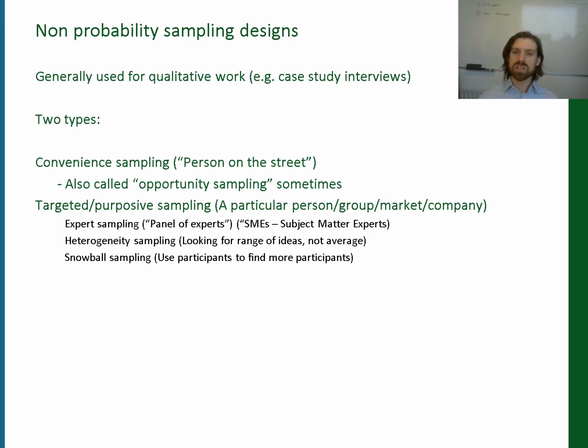You need to speak to those entities directly. And this is where you can, on theoretical grounds, decide you're not going to probabilistically sample companies, you're going to specifically go to ones that meet your exact criteria.